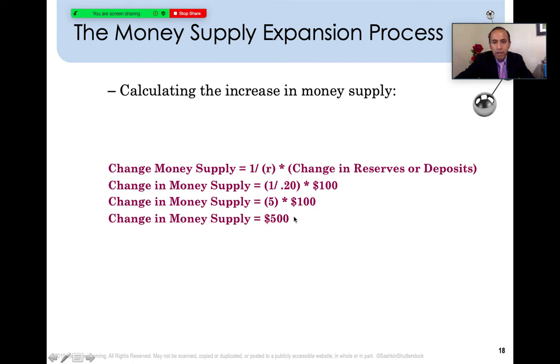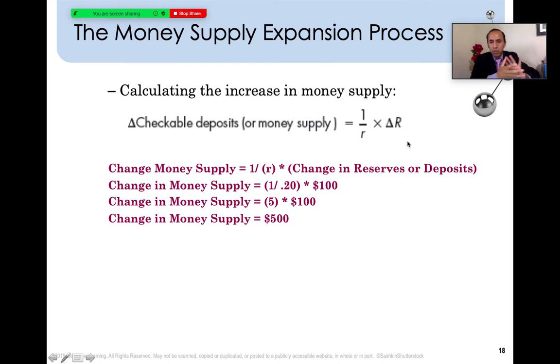That creates $500 in total money supply. The change in the money supply is equal to 1 over R times the amount of reserves that have changed, however many reserves were injected, or however many deposits increase.